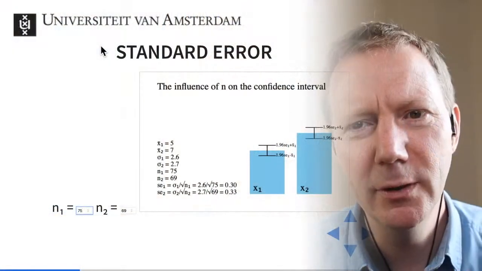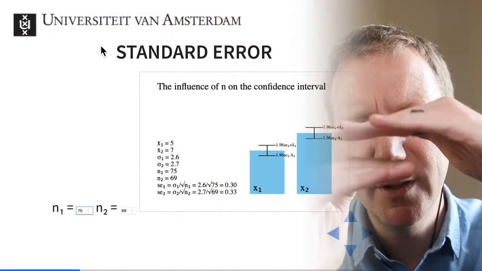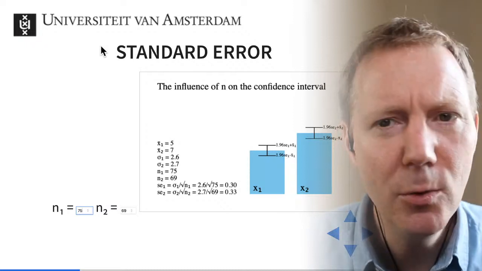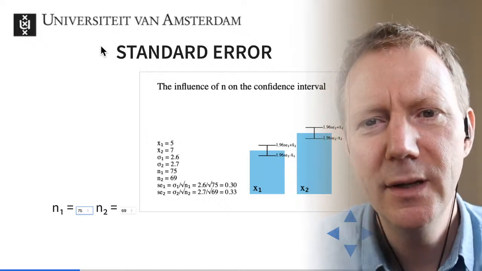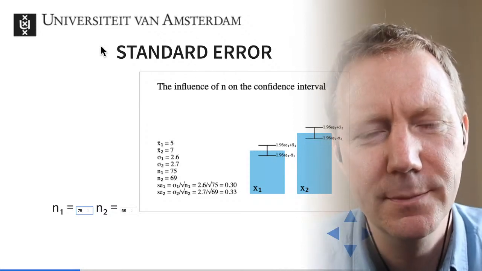Yes. So the problem now is that if you just add more and more participants, your standard errors will just keep on shrinking. They will become smaller and smaller and smaller, and at one point you will find significant differences, even if you have very small effect sizes.